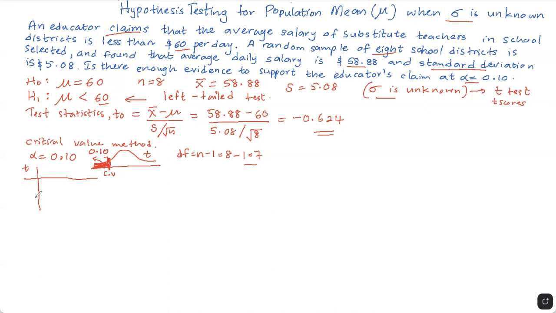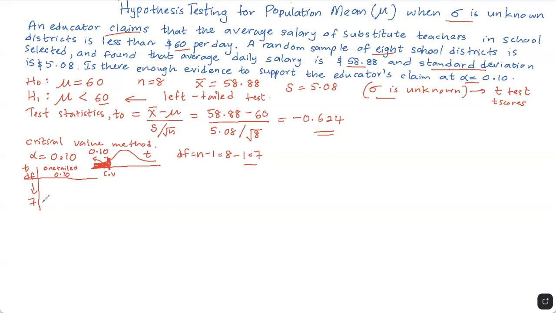So in the t-table, you look degrees of freedom 7. So here the first column is degrees of freedom. So you go to 7 here because the degrees of freedom in this problem is 7. And since we are using one tail test, you look at over here one tail 0.10. So look at 0.10 under one tailed.